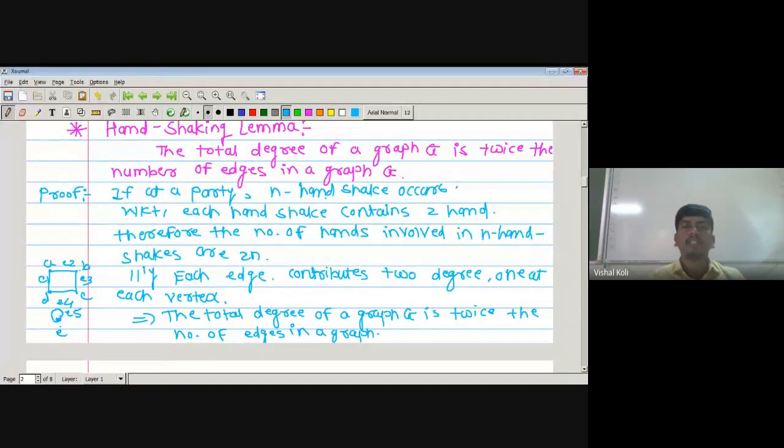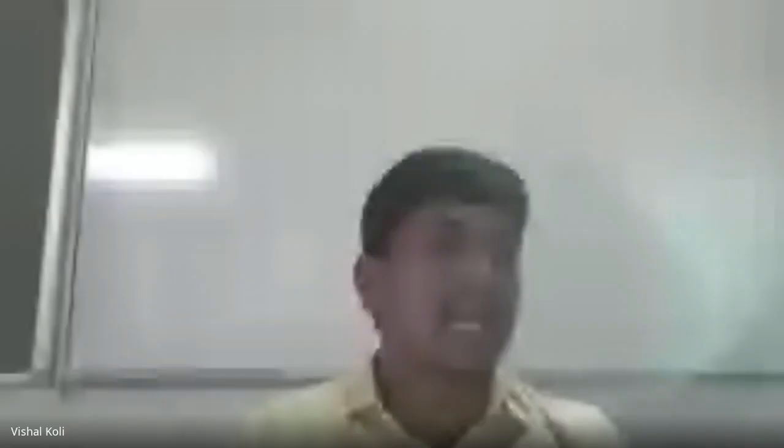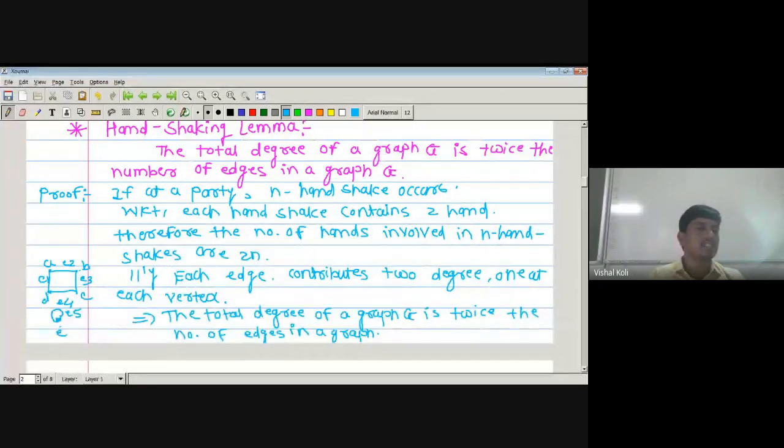Therefore, if n handshakes occur in a party, then there are 2n hands involved. In the graph, edge E1 is incident on 2 different vertices A and D.